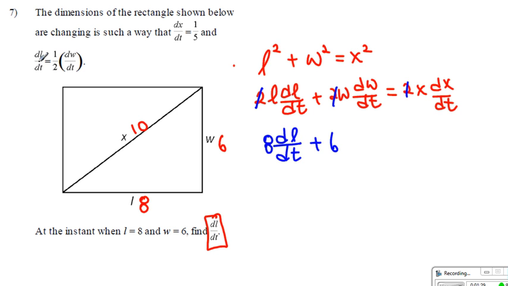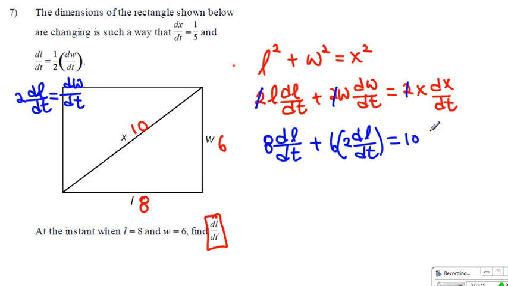In fact, if you multiply by 2 on each side, then you will realize that dw/dt must be equal to 2 times dl/dt. So we can rewrite this one as 2 times dl/dt, which is equal to x equals 10, and dx/dt will be 1/5.